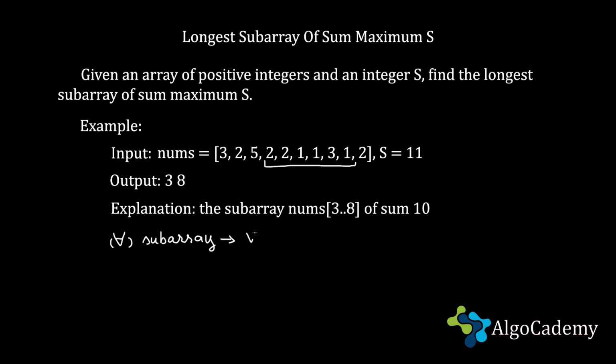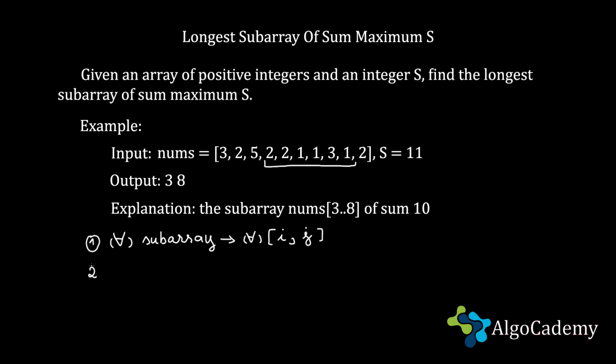We have to fix each pair of indices, right? i and j, where i is of course the starting, the left endpoint, right? And j is the right endpoint of our subarray. Awesome. Now, this is obviously super simple to do. We have to fix two values. So we are going to have two nested for loops for that. So this is like the first step, right?